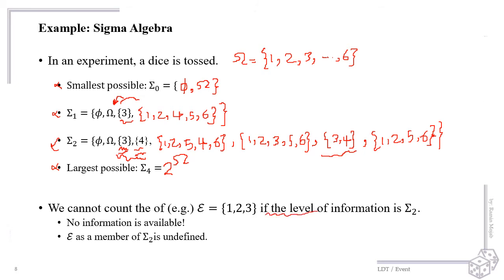If the level of information is sigma 2 here, this means that we cannot count the number of elements of this set because it's not a member of sigma 2. You might say no information available, or we do not have enough information, or E as a member of sigma 2 is undefined.